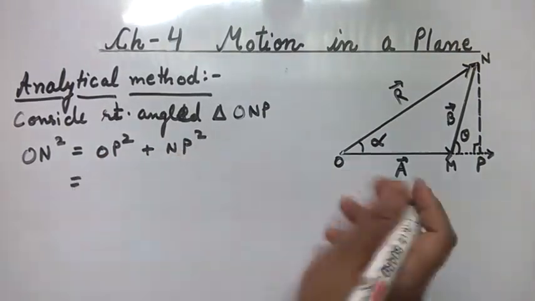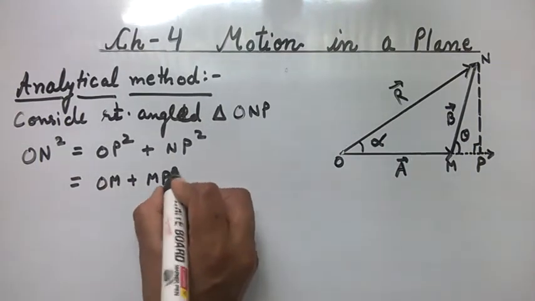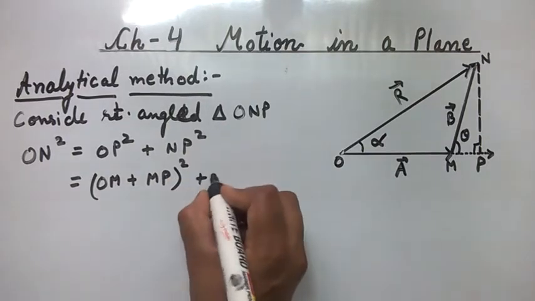OP can be written as (OM plus MP) whole square plus NP square.